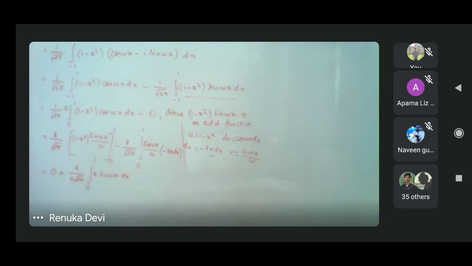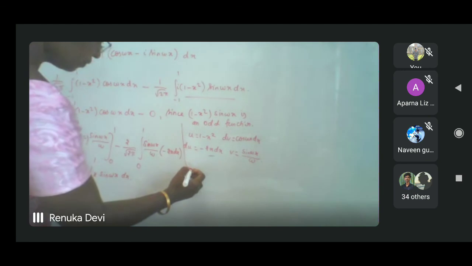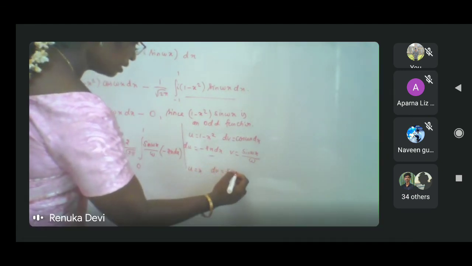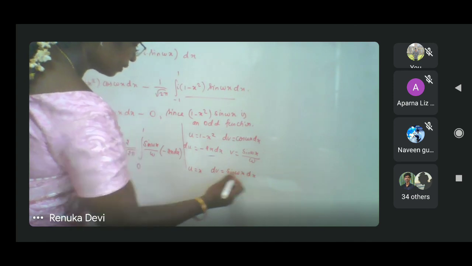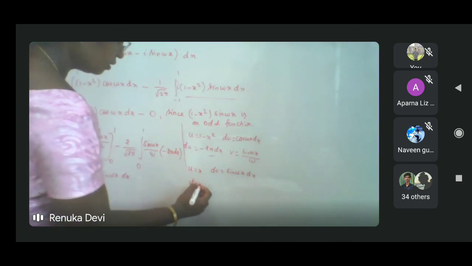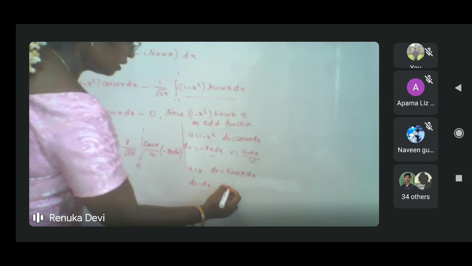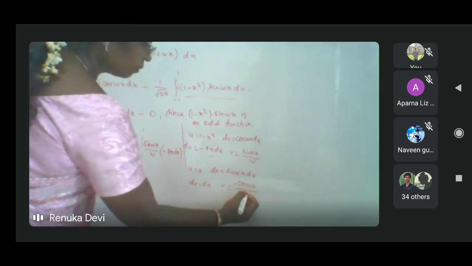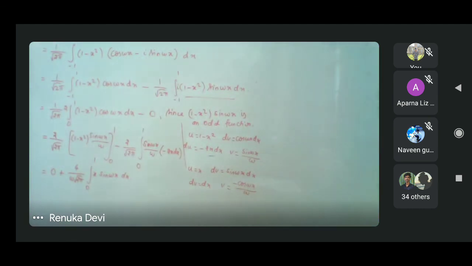Once again, you have to integrate this one by parts. Take u equal to x and dv is sin wx dx. So what is your du? du is dx. What is your v? You have to integrate: minus cos wx by w. Now you substitute, that is 4 by w root 2 pi.